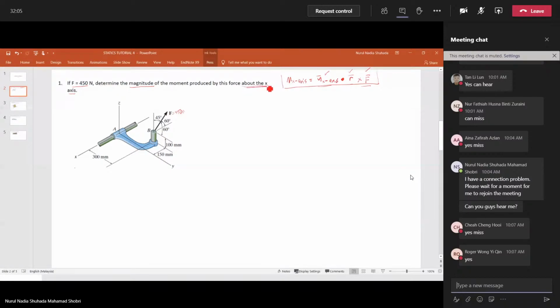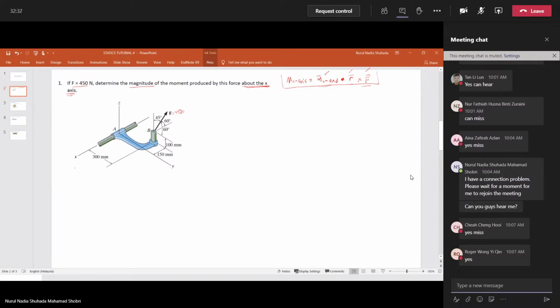Usually in other questions, they will specify like find the moment about the AB axis, CD axis, OA axis, where they will mention two points along the axis. However, for question number 1, you can see it only mentioned the x-axis.